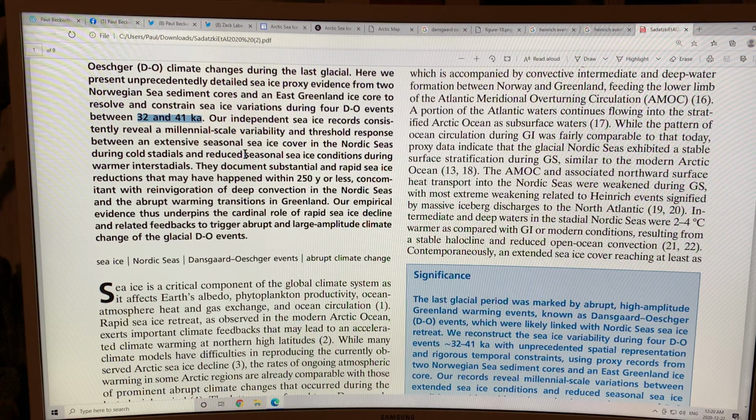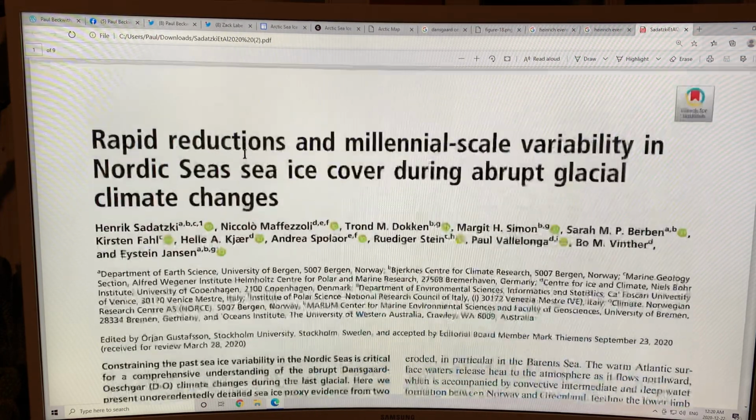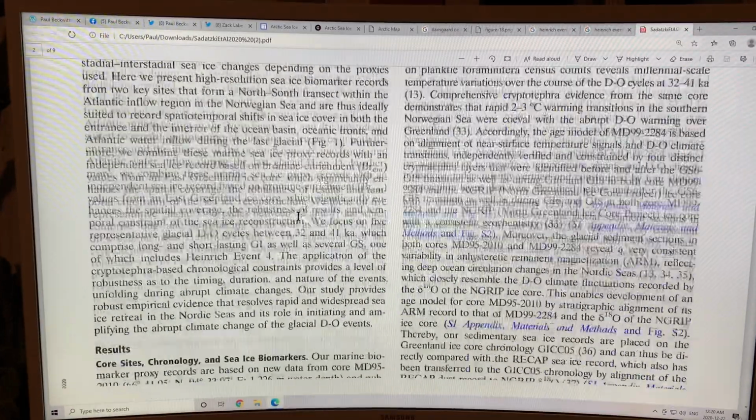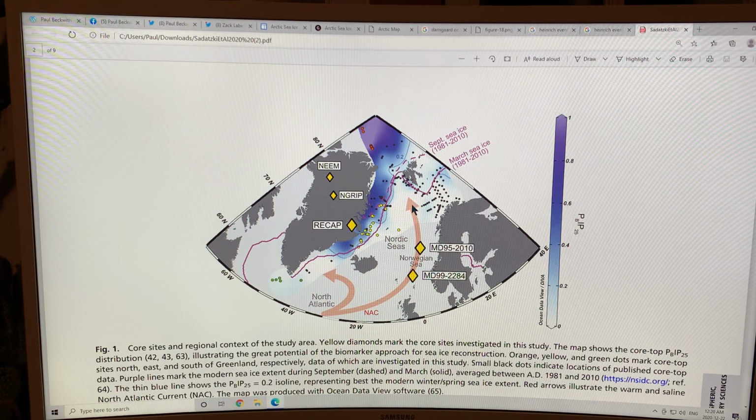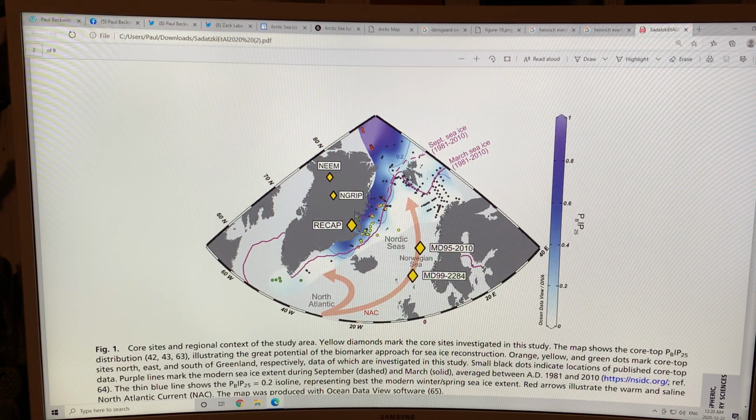Well, this paper gives us some clues about what happened before. Although there was much more ice to begin with, it shows that the rapid loss of the sea ice caused a huge warming over Greenland.